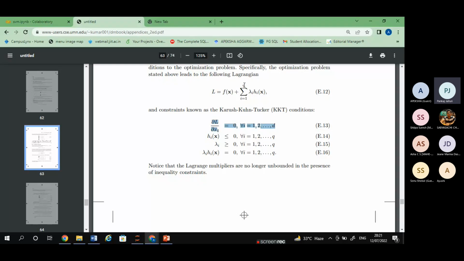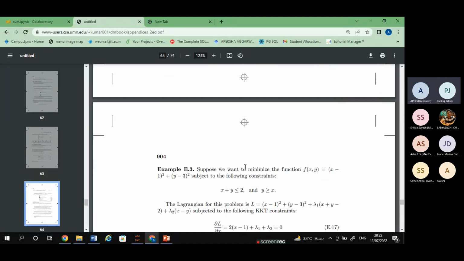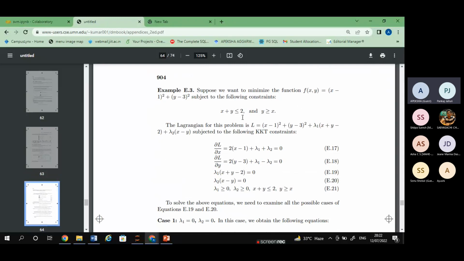Here you will also do extra work: you put h_i(x) less than or equal to 0, lambda_i greater than or equal to 0, and lambda_i h_i(x) equal to 0. So you will get a set of equations after performing this, and then you find the values of x and lambdas and solve the equations. An example is given over here.